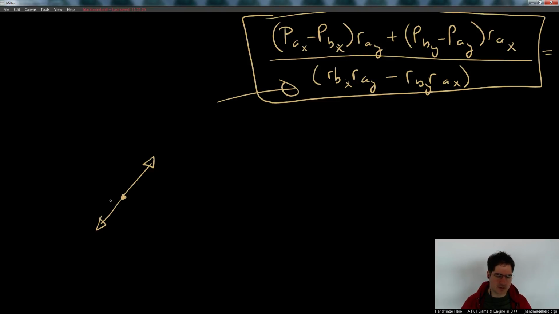Any 2 2-dimensional vectors that are parallel, it doesn't matter what direction they're pointing. It doesn't matter where they are in this case because we're just talking about the vectors. If 2 vectors are parallel, then we know that their dot product is just going to be equal to their length, right?